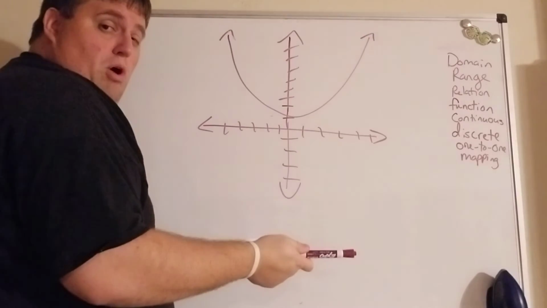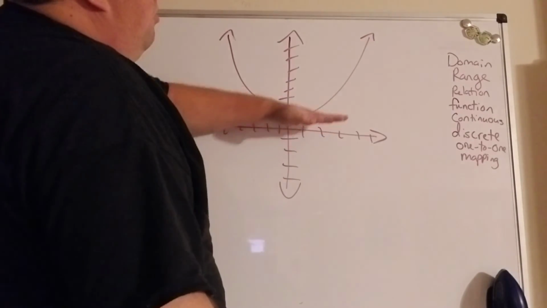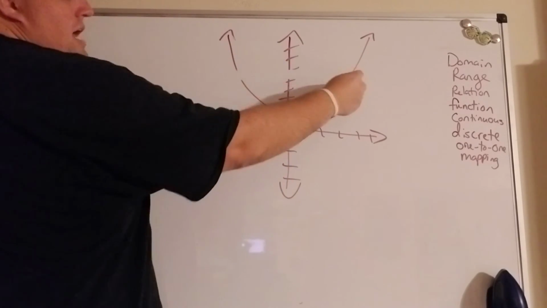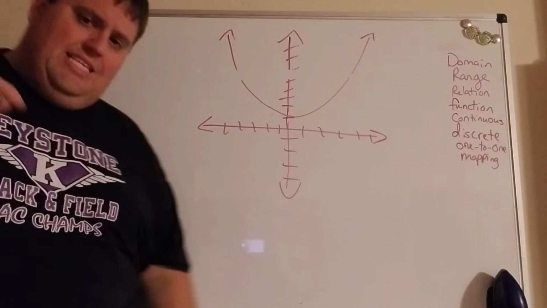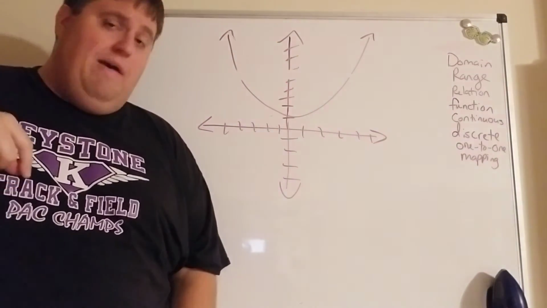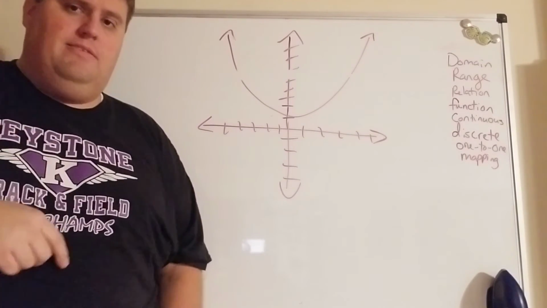Is it 1 to 1? Well, if I make a horizontal line, whoop, you see how it's going to cross in 2 different spots? That means the 2 x's would go to the same y value, not 1 to 1, because it touches in two different spots.